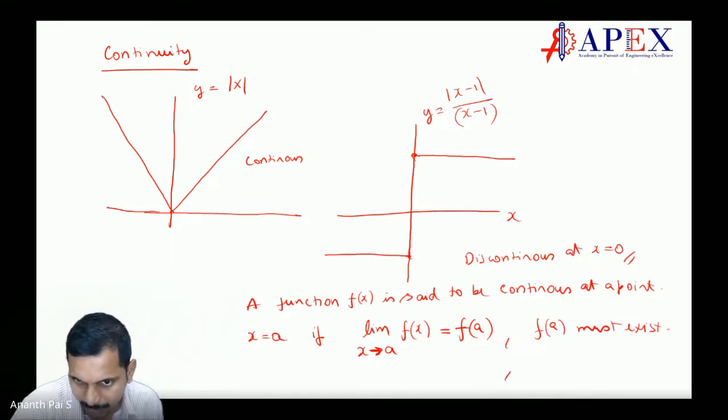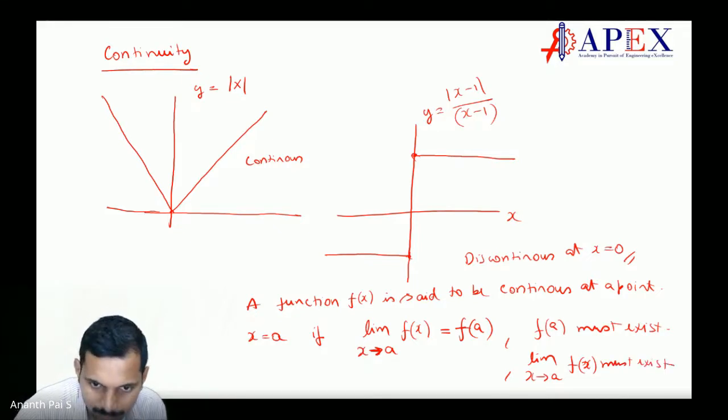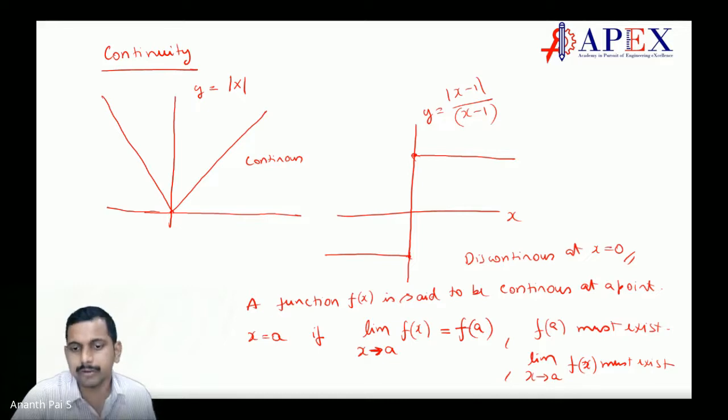Another point is limit x tending to a f of x must exist. Three points are there: limit x tending to a f of x is equal to f of a, f of a must exist, and limit x tending to a f of x must exist. All three conditions have to be satisfied.